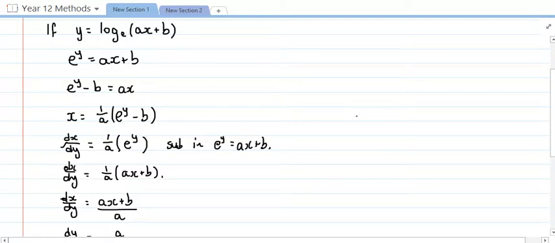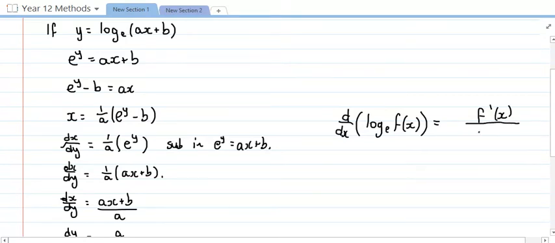You can show this with any equation whatsoever, but I'll say that d dx of log e of f of x is always going to be f dash x over f of x.